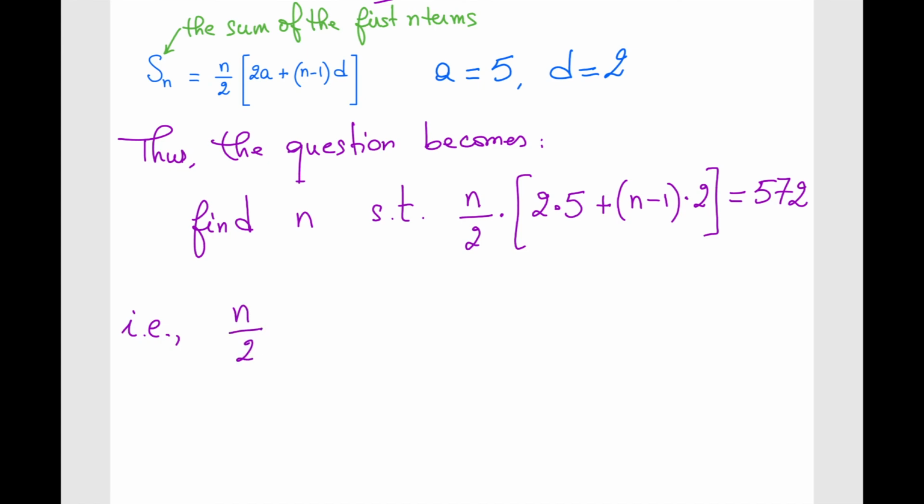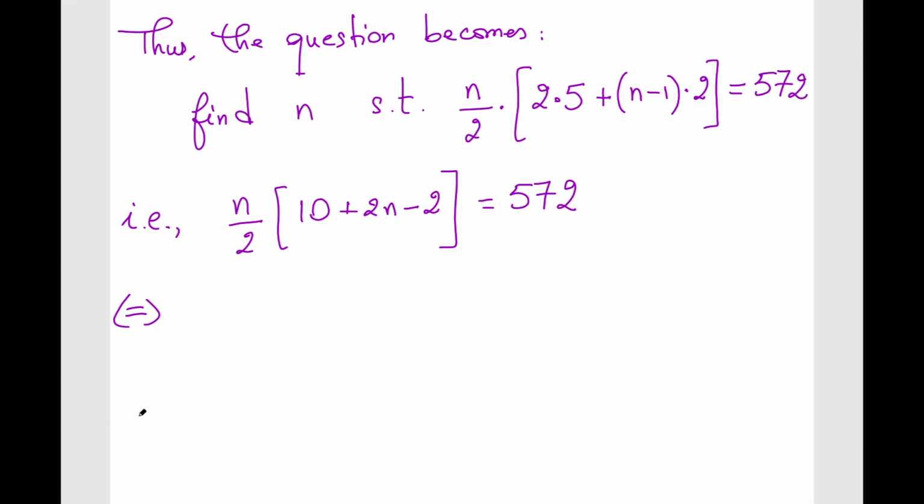So n over 2 times (10 plus 2n minus 2) is equal to 572, which means, distributing the multiplication over addition: n over 2 times 10 is 5n, plus n over 2 times 2n, which is n squared, and n over 2 times negative 2 is negative n, is equal to 572.